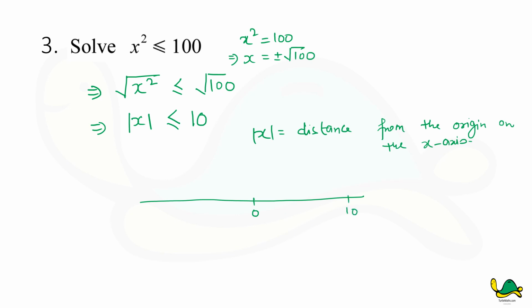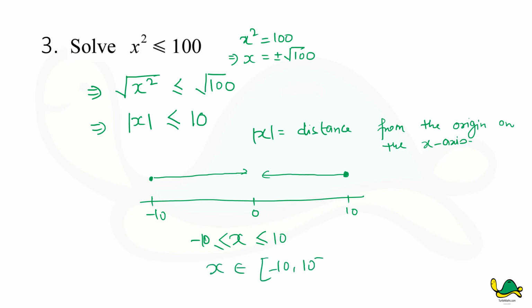The positive 10 and another point is going to be negative 10. And I want this distance to be less than or equal to 10. So this distance has to be here. That means my x should be between negative 10 and positive 10, or x is an element of negative 10 to positive 10.